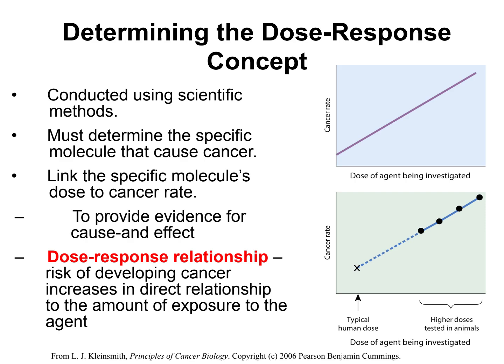When we are asking questions like, does a certain chemical cause cancer, we want to, of course, do scientific studies to determine whether that is a true statement or not. And also, in doing these studies, we want to know what dose of that agent would be responsible for causing cancer.